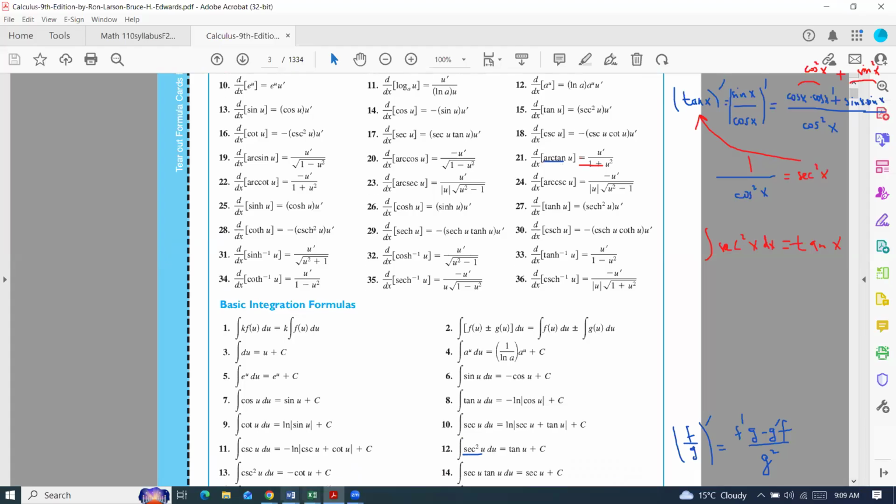So secant with a tangent and cosecant with a cotangent, but the sign comes out as negative. It's a good idea to try to see why this negative comes out, just for the purpose of feeling better and more comfortable.